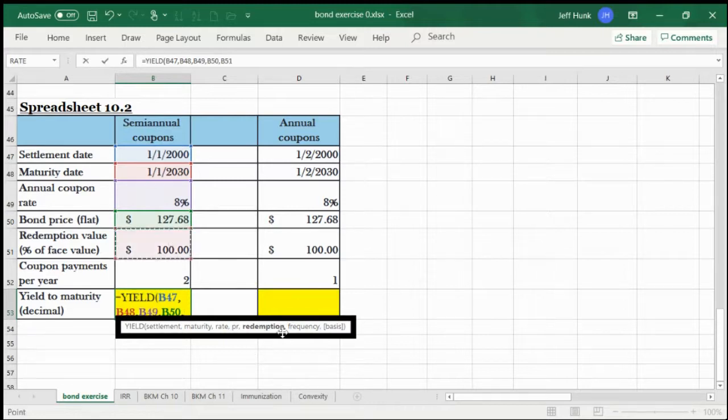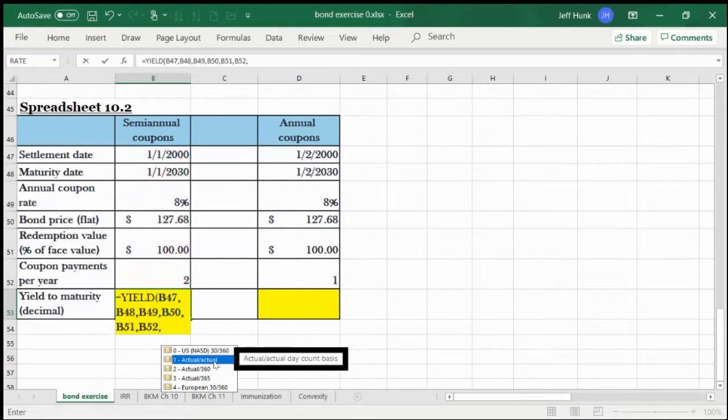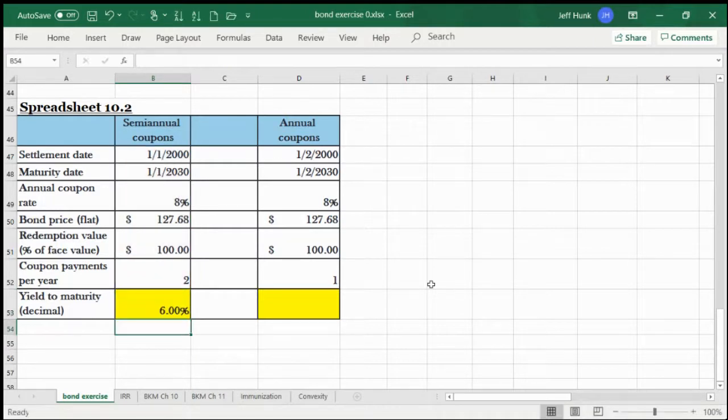Redemption, yes, 100. And then frequency, 2, right there. Basis, let's use actual. We'll give you 6%, right?